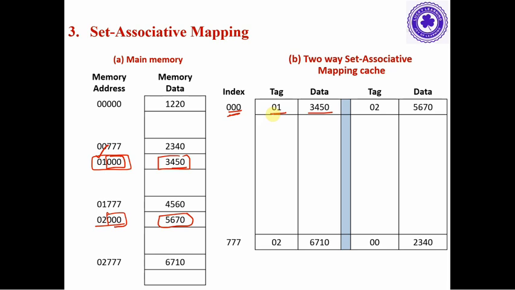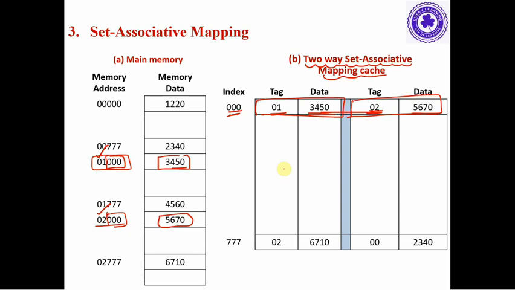In index 000 one tag data pair is already there, and we can store one more data word, 5670, with a different tag, 02. So in one cache word, how many memory words have we stored? Two memory words, so we call it a two-way set associative mapping cache.